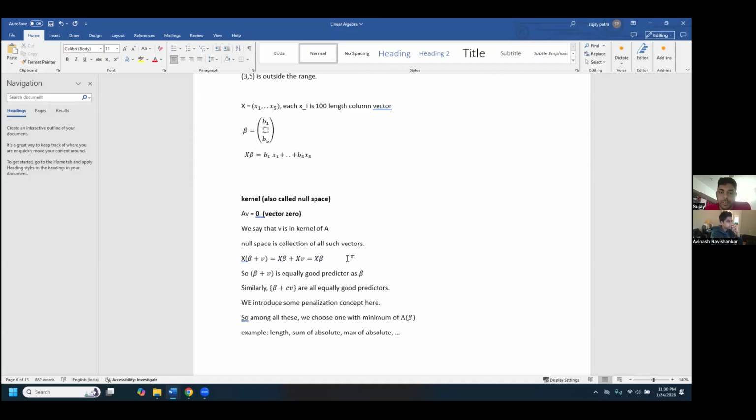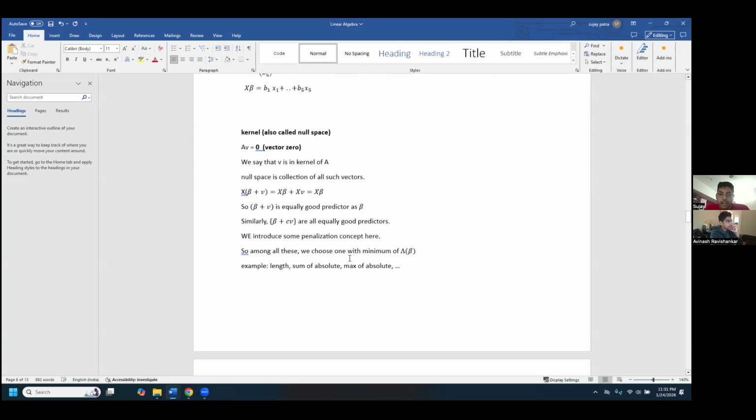So we choose based on some second criterion, which typically is a penalty on the size of the beta. The idea being that if two betas are otherwise equally good in predicting, we choose the one which has small coefficients, and small we will define in some sense. That is one idea behind penalizing.